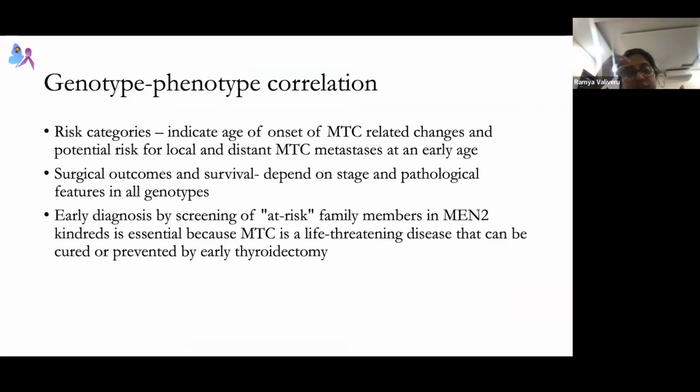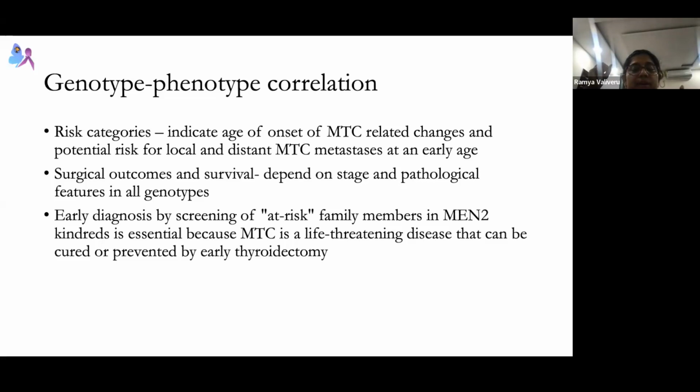So we all have heard of genotype-phenotype correlation. We have risk categories which can indicate the age of onset of MTC and the potential to develop local and distant MTC metastasis. And the surgical outcomes and survival depend on the stage and pathological features in all genotypes.